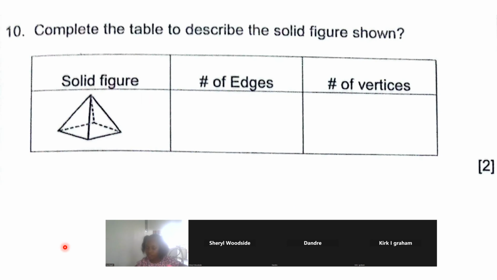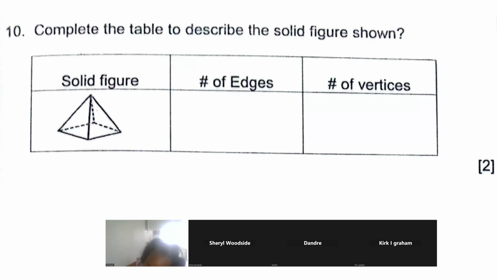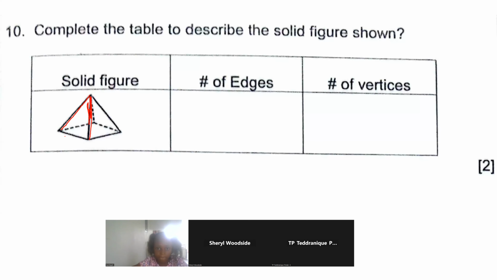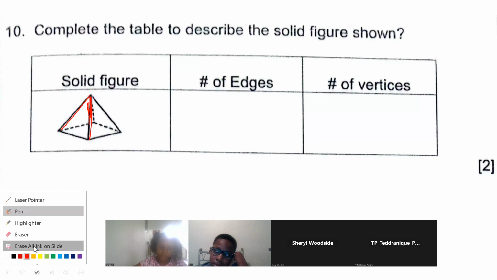All right, so let's count the edges. We have 1, we have 2, we have 3 in the back there, 4. So again, we have 1, 2, 3. Let me count again, I miscounted.